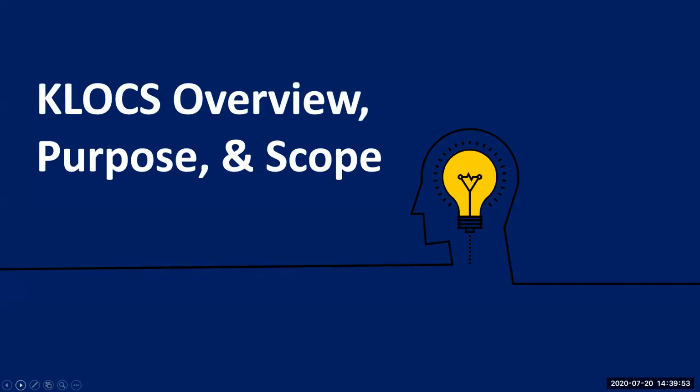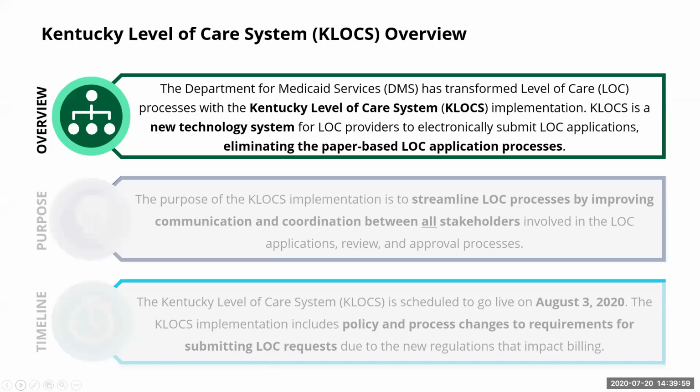So what I'm going to do within the next couple of slides, I'm just going to talk about our KLOCS overview, the purpose, and the scope. So on this slide here, to give a brief overview, as you all may know already, DMS is revamping level of care. And so what this means is implementation of KLOCS, which stands for Kentucky Level of Care System, is going to eliminate the paper-based LOC application process and transform it all into a technology system.